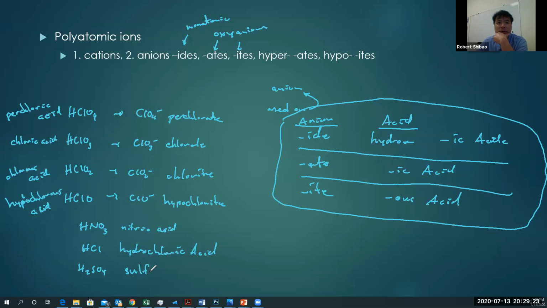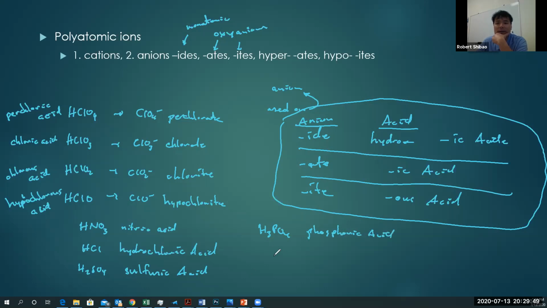And so this one, we add a syllable here. Rather than going from sulfate to sulfic, we're going to go from sulfate to sulfuric. And so this is sulfuric. Sometimes we do that. The same thing happens with phosphate. Phosphate should go to phosphic acid, but it doesn't sound right. And so this one goes to phosphoric acid. So a syllable was added there.